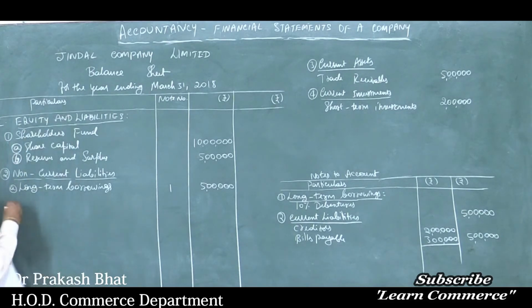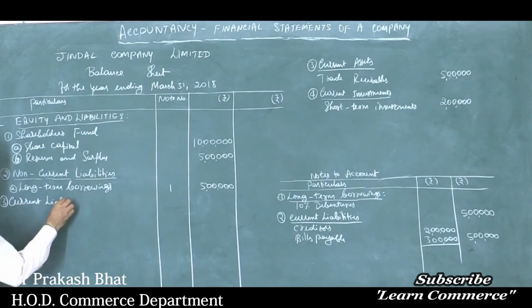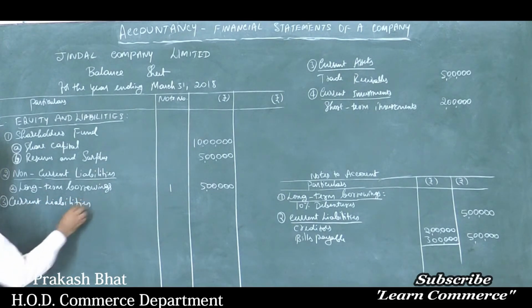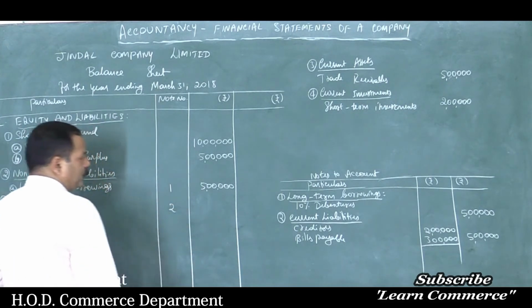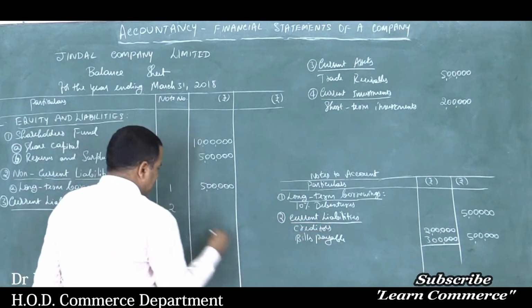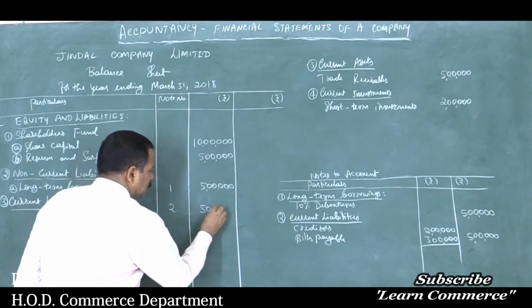Then third one, current liabilities. Under that, give note number 2. We have already prepared current liabilities 5 lakh, correct?